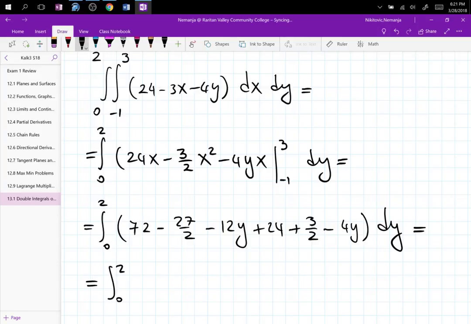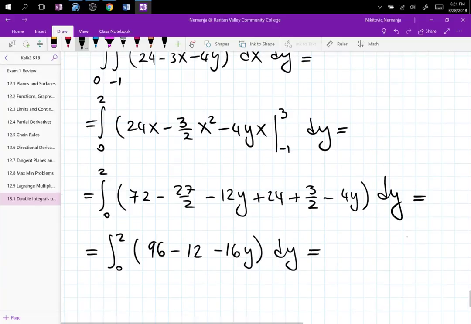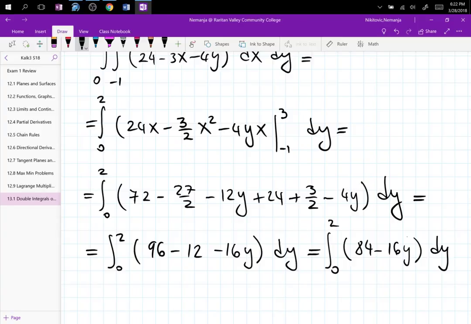So now this is 0 to 2. 72 plus 24, that's 96. Minus 27 plus 3 is -24 divided by 2 is minus 12. Minus 12 minus 4 is minus 16y dy. So we have the integral from 0 to 2 of 96 minus 4 is 84 minus 16y dy.